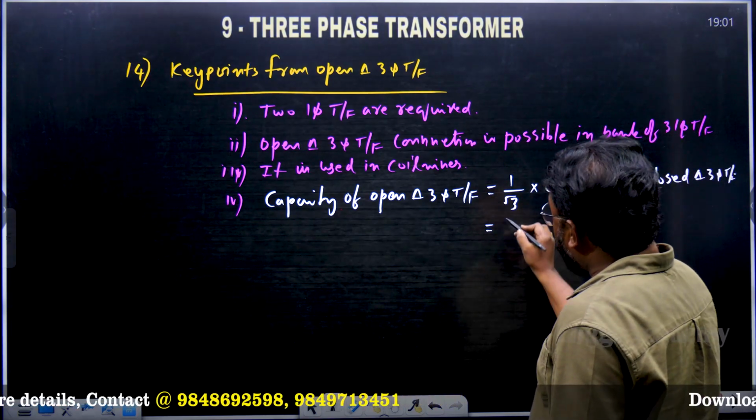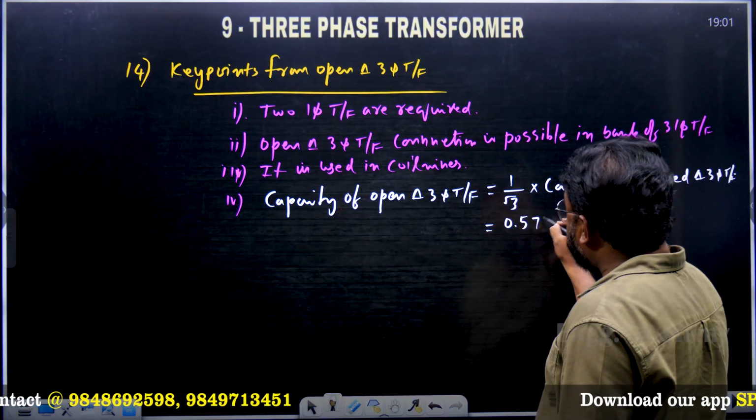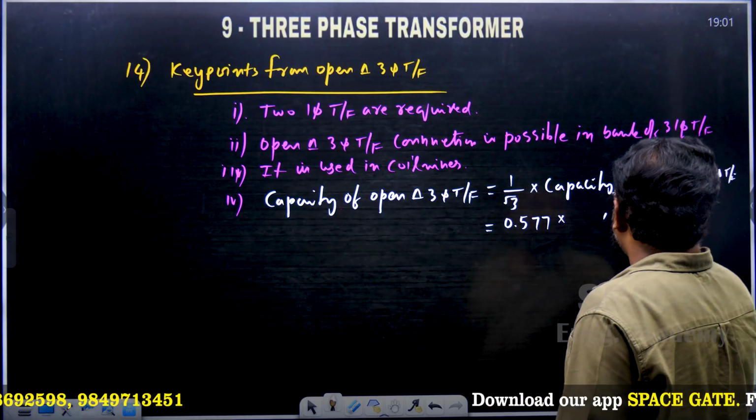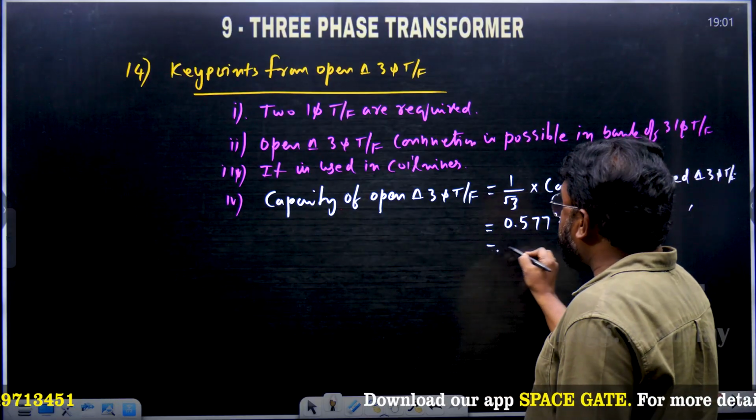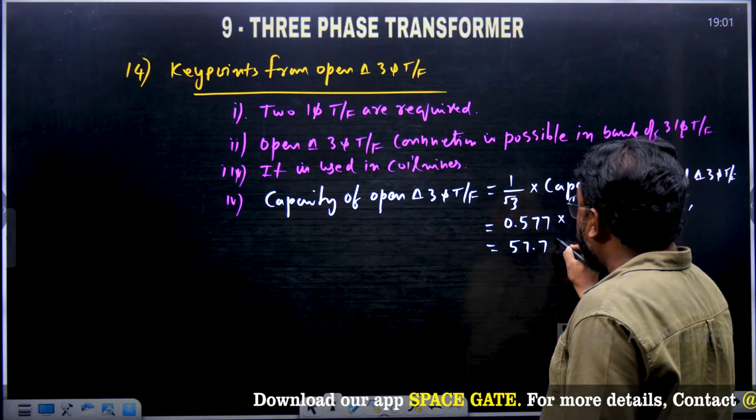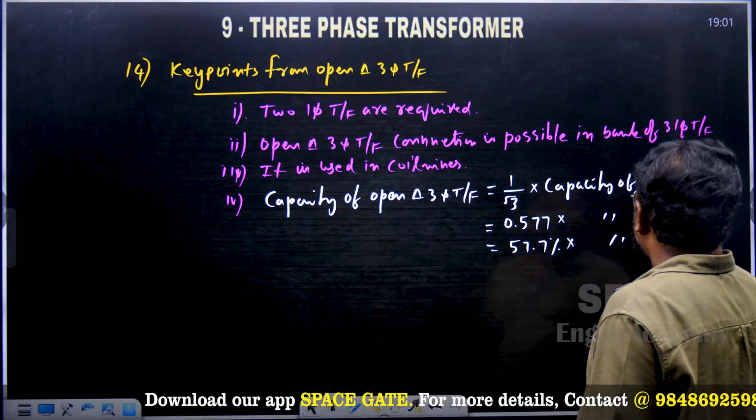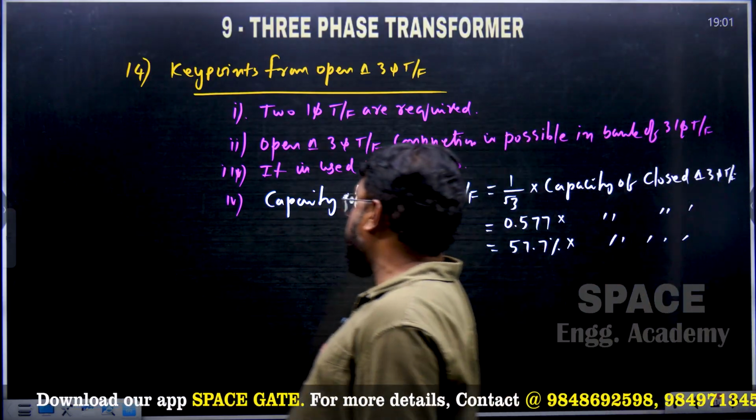Here 1/√3 is 0.577 times the capacity of closed delta. In percentage terms, it is 57.7% of the capacity of the closed delta three-phase transformer.